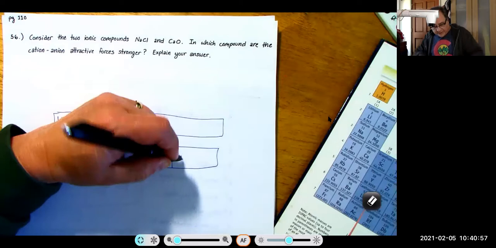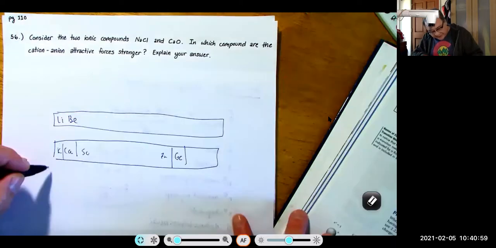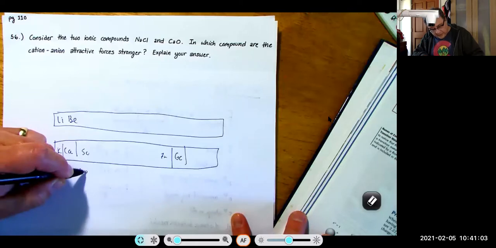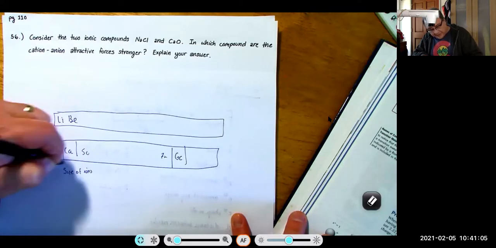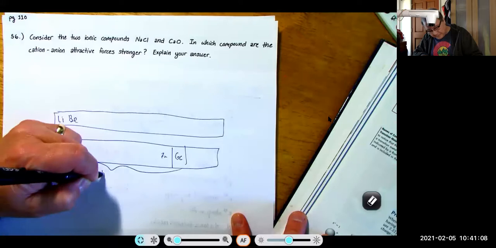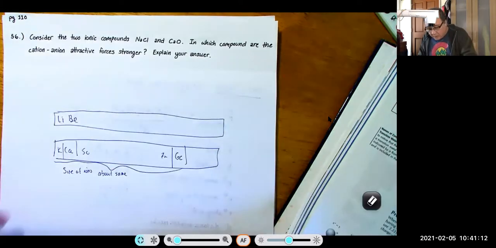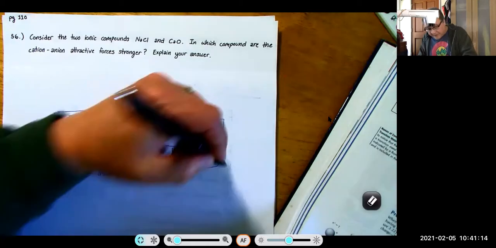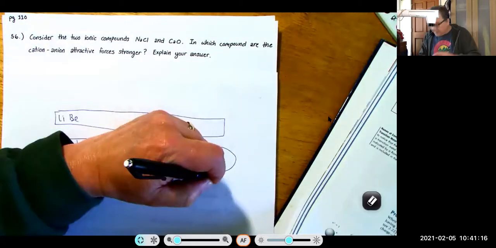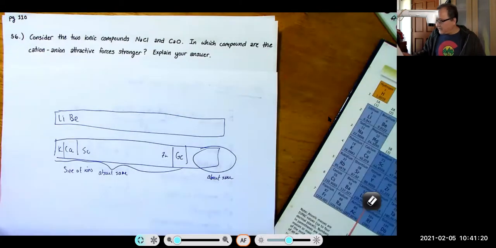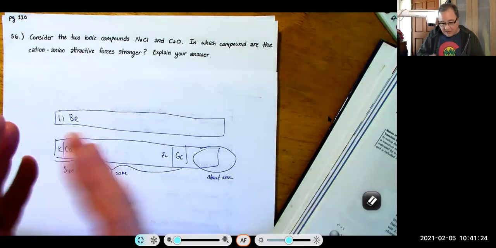If we want to look at the size of the ions, right here for all these cations, they're about the same. They might differ by 10%, but that's not much. When we look at the ions, they're about the same diameter, okay? Now, why does that matter? Because we use the diameter to figure out how far apart the nuclei are.